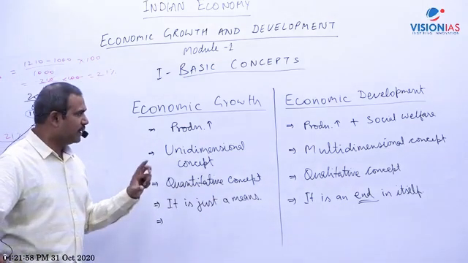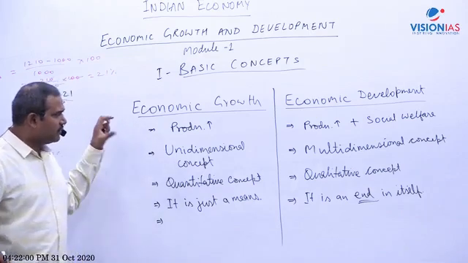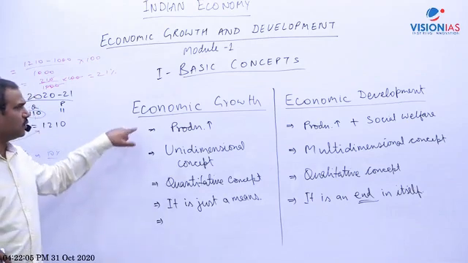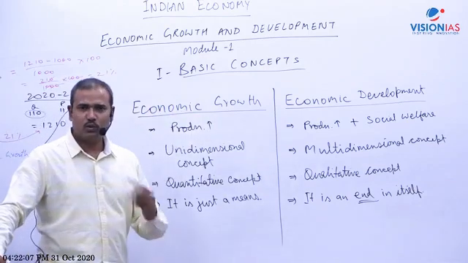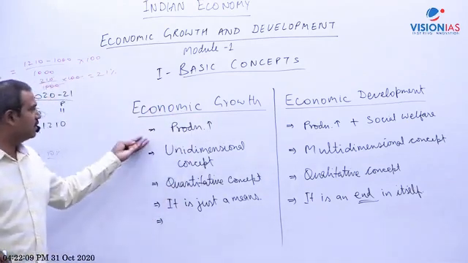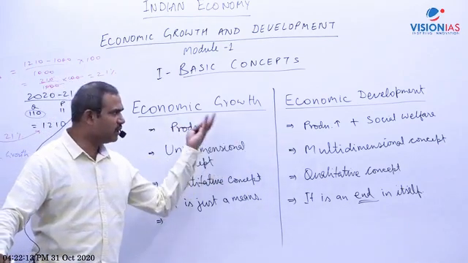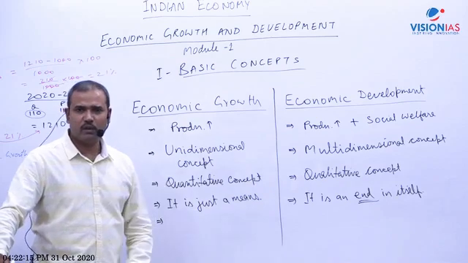Now the other thing is which is relatively easier to achieve. Growth is easier or development is easier? So obviously a very easy question. This is very easy. We can achieve this without the other also, yes or no? We can increase production. There may not be, well-being may not improve.